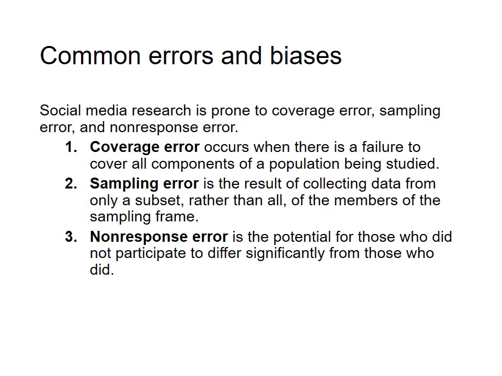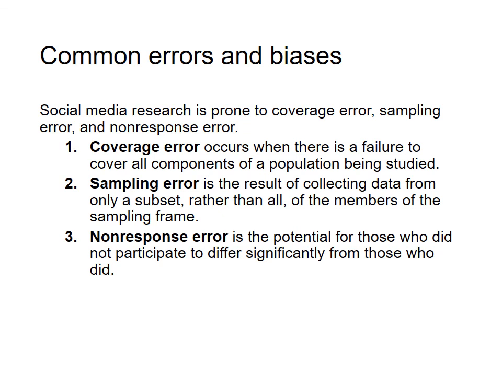Common errors and biases that exist in social media marketing, no matter what, whether it's primary or secondary. Social media research is prone to coverage error, sampling error, and non-response error. Coverage error occurs when there is failure to cover all components of a population being studied.